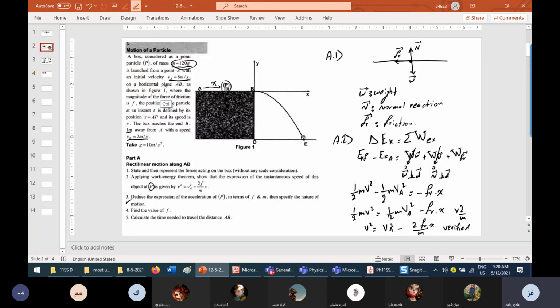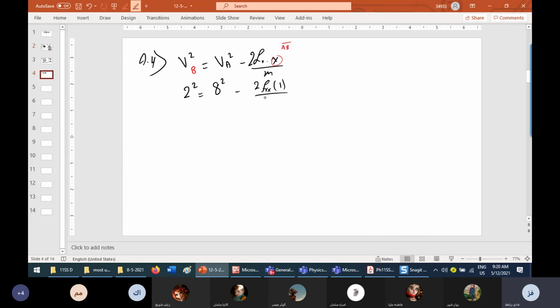I have to divide it by 1000, so it will be 0.12 kilogram. So divided by 0.12, and please you have to help me, dears.